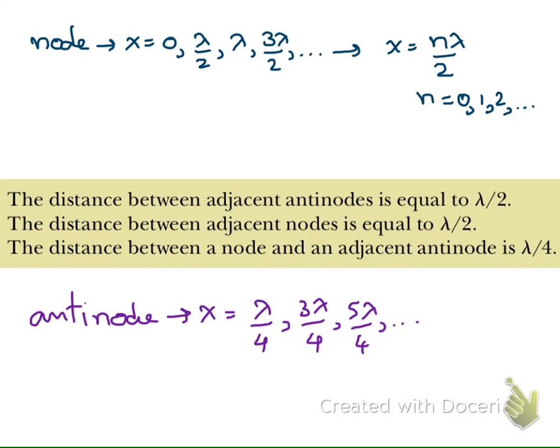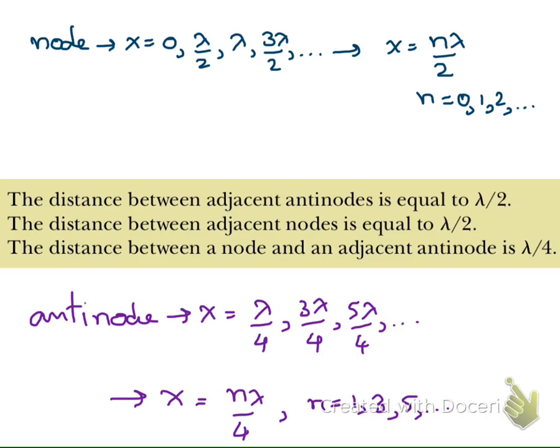Or in general, we can have that at x equal to n lambda over 4, where n equal to 1, 3, 5, and so on, we will have the position of the antinode.